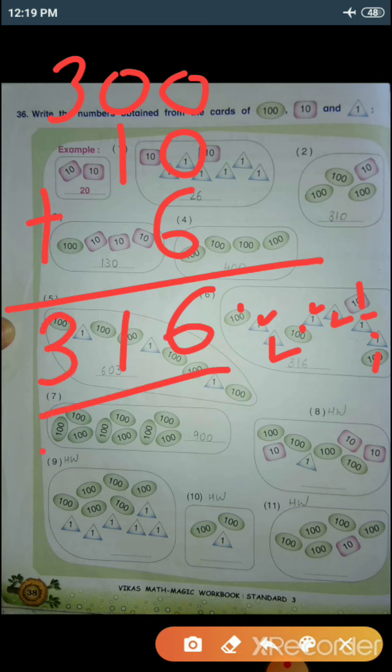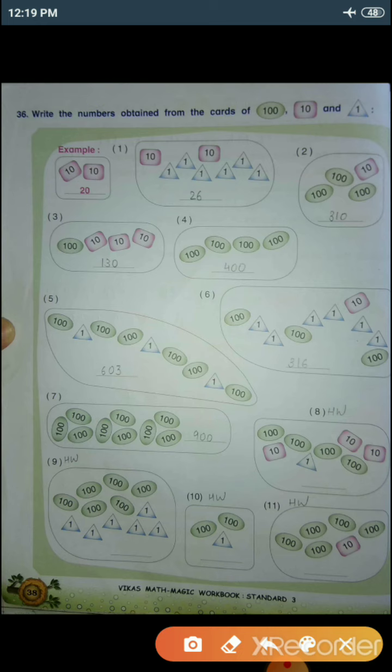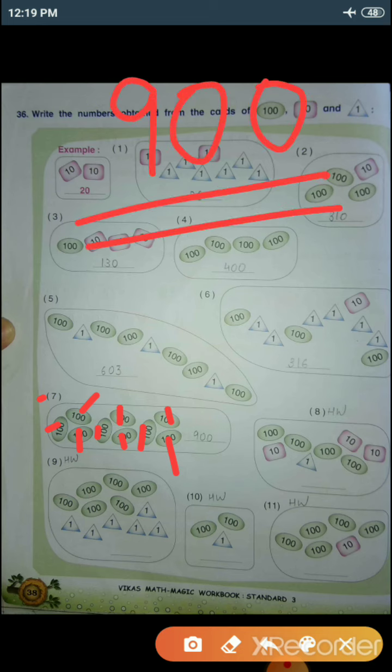That means 316 is your answer. Now let's take number 7. All hundreds are given. So let's count 1, 2, 3, 4, 5, 6, 7, 8, 9. So there are 900. That means your answer is 900.